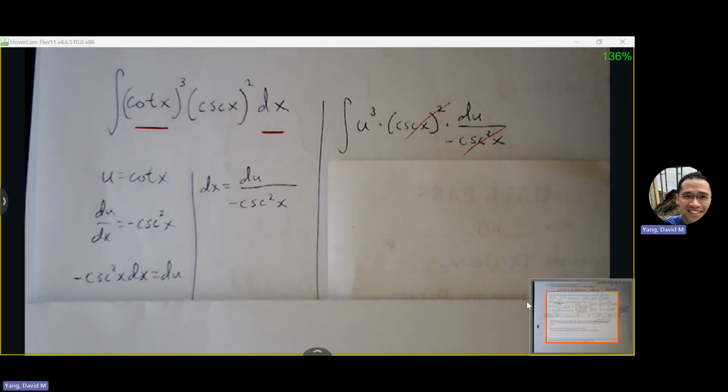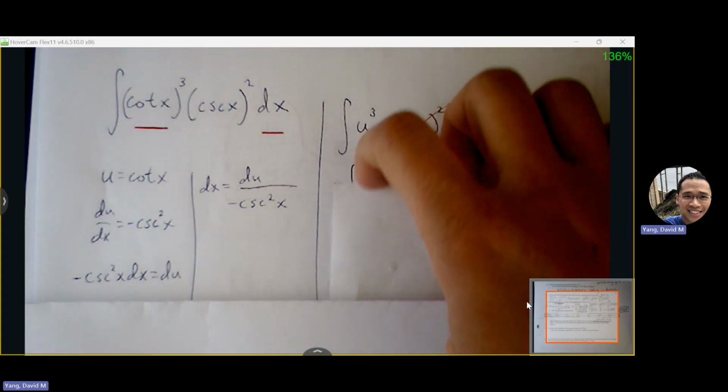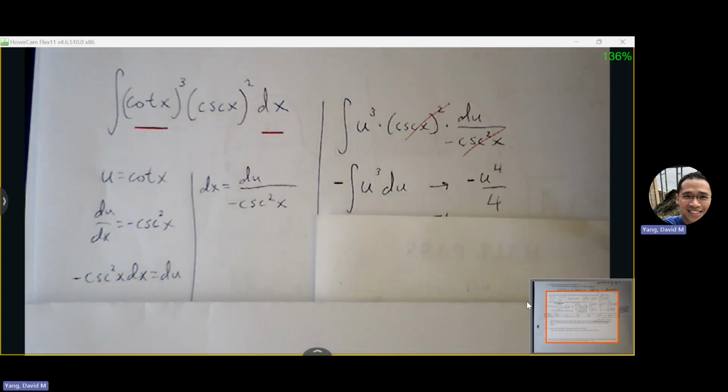Just like what we expected, the x's cancel out nicely. We know that we're on the right track there. Make sure you keep track of your negative. But once you pull the negative out, everything is nice and clean. We have a power rule available for us. We're now ready to apply the power rule.